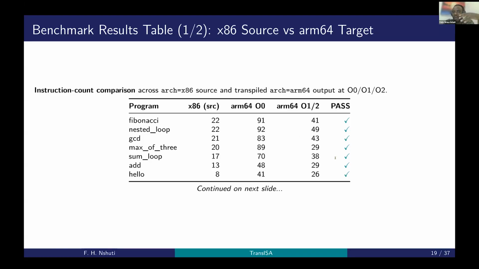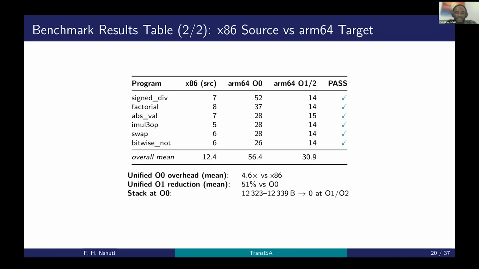And when we optimize, the instruction count is reduced. It is expected that, obviously, the instruction count for the ARM-based ISA will be much higher compared to x86, but at the optimization level, it will be within tolerable numbers. Yeah.